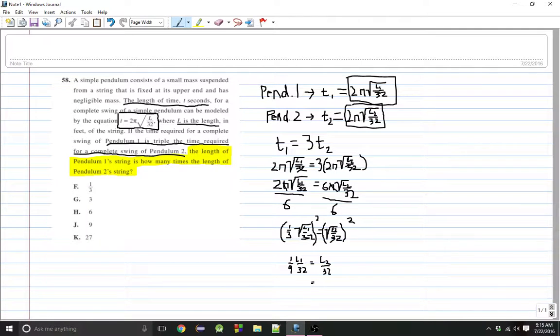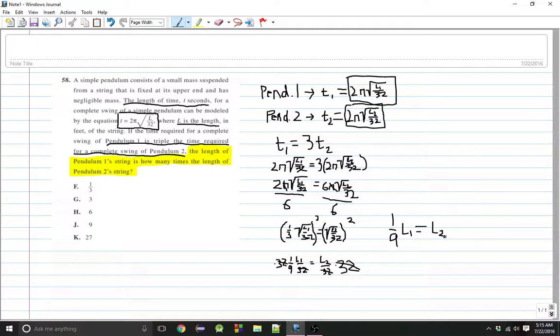The next thing you do is multiply both sides by 32, and the 32's cancel. You're left with 1/9 L1 equals L2.